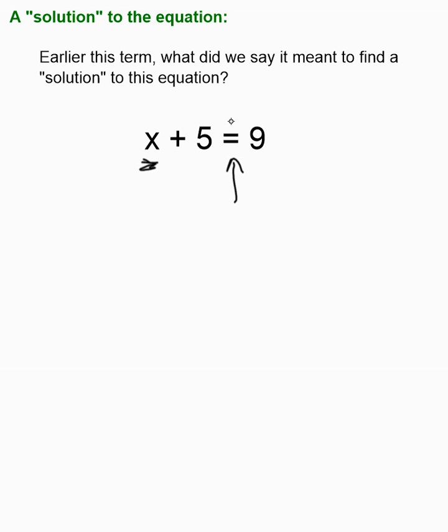So we're saying x plus 5 is equal to 9. So what value of x would have to go in there to solve that equation? And of course we did that by doing the done undo procedure, and so we find that x equals 4, and that is the solution to that. It's the only number you could plug in for x and make that true.